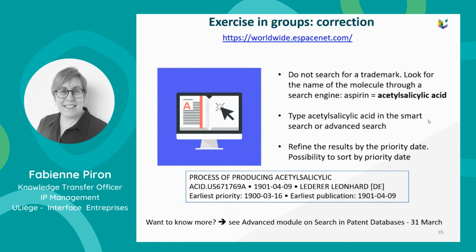Type acetyl salicylic acid in the smart search or advanced search, and then refine the results by the priority date. As you have seen, it is possible to sort by priority date. And the good result was process for producing acetyl salicylic acid from Leonard Lederer.